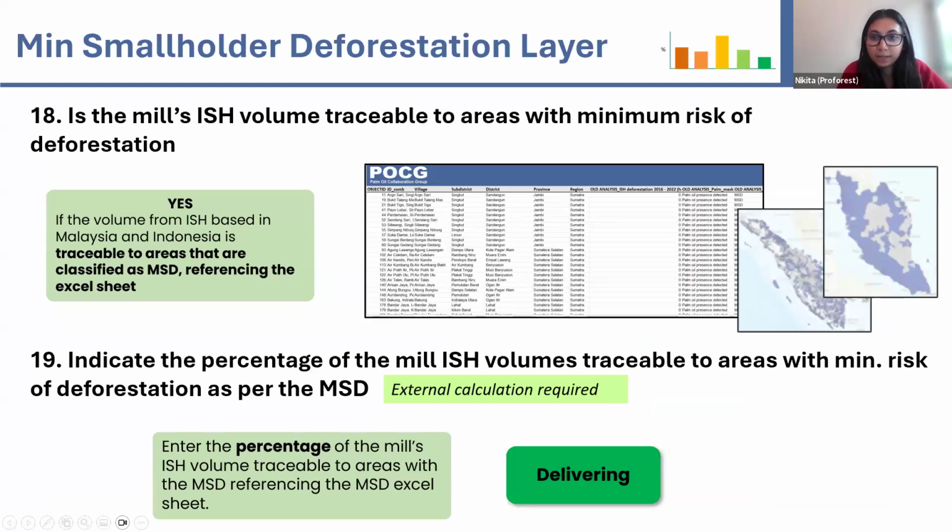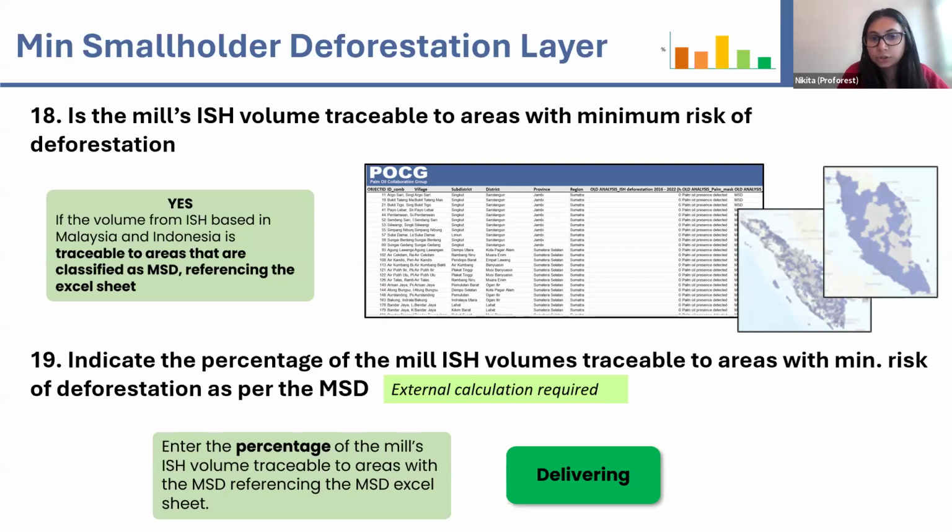Okay, so in the IRF, we have two questions that are related to the minimal smallholder deforestation layer. We have question 18, which is the mill's independent smallholder volume traceable to areas with minimal risk of deforestation?